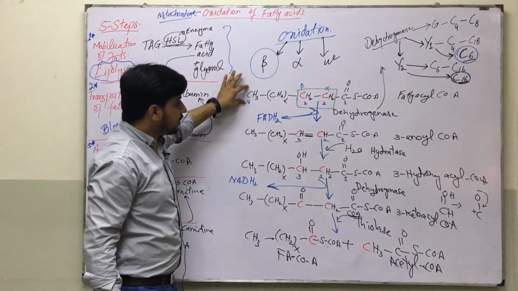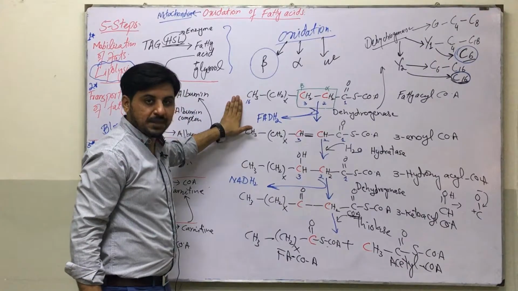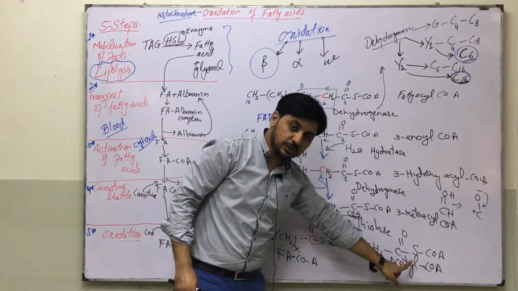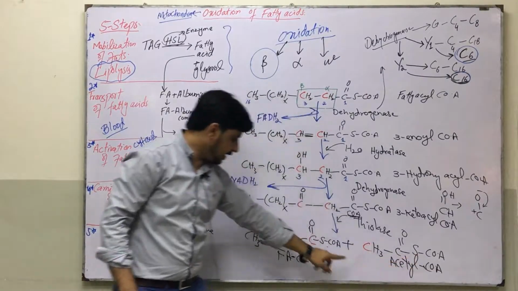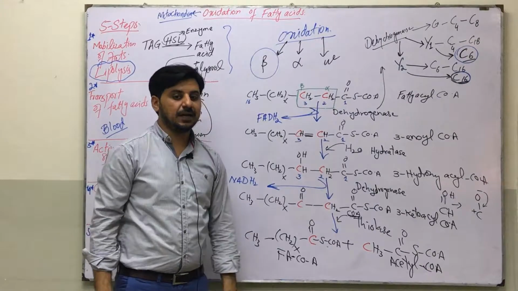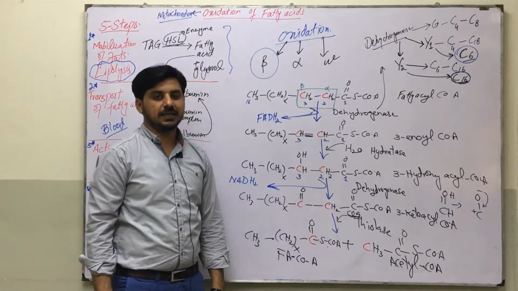This fatty acid had 16 carbons, but after the beta oxidation 2 carbons are removed, and the remaining fatty acyl CoA is of 14 carbons.